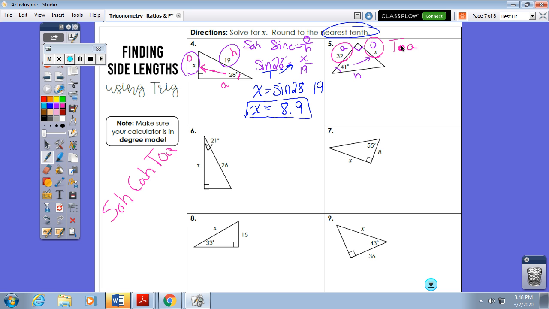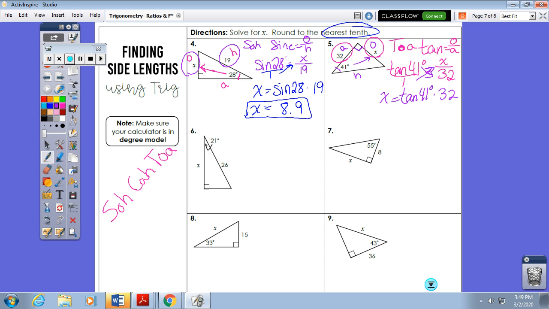Okay, so that's tan is equal to opposite over adjacent. So I'm going to go tan of 41 degrees is equal to x over 32. Again, cross multiply. So here I get x, and then I'm going to do tan of 41 degrees times 32.